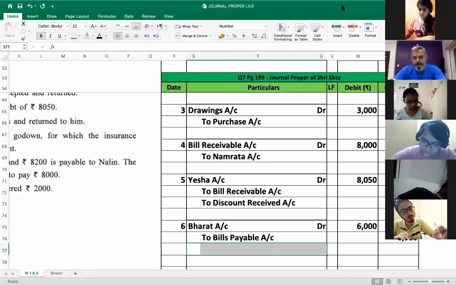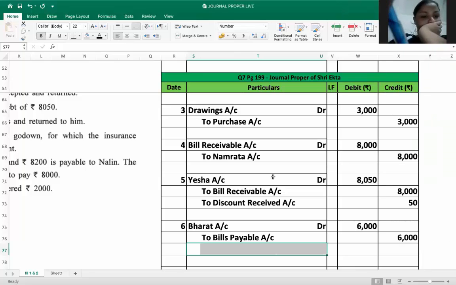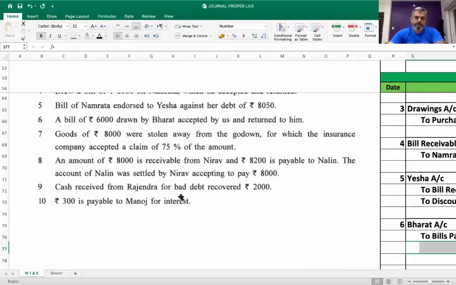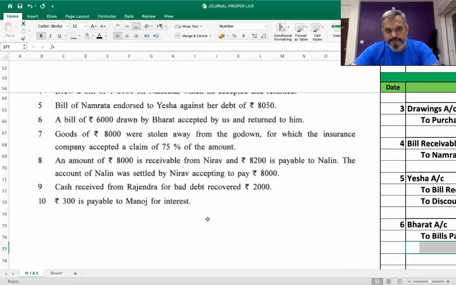Any doubt, anyone? Okay. No. Okay. Now, 7. Now you all can do these transactions. They are very simple. You have done them before so many times.